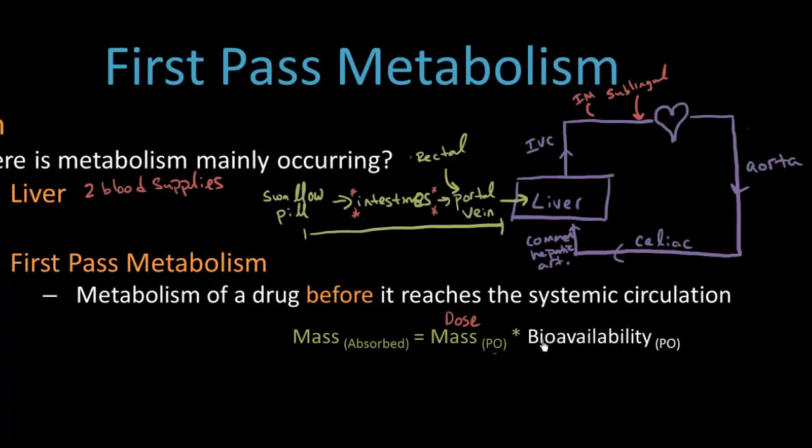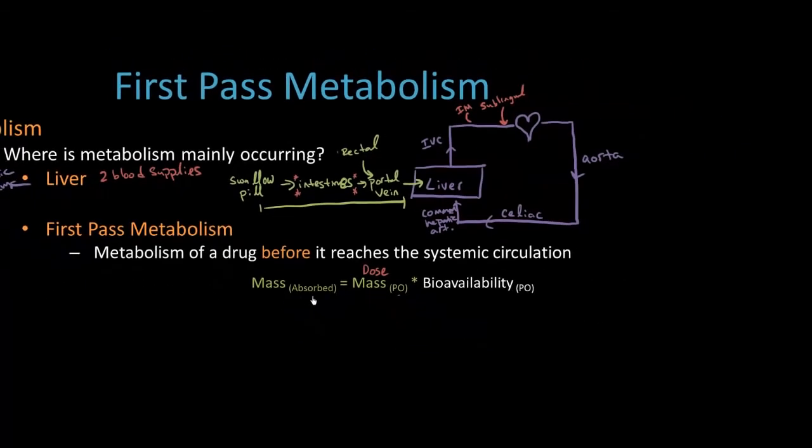Now, if we are decreasing the amount of drug absorbed, remember that in pharmacokinetics, we are really looking at the plasma drug concentration over time and how different things can affect that. So if I have a decreased amount of drug absorbed, my plasma drug concentration then would be decreased.